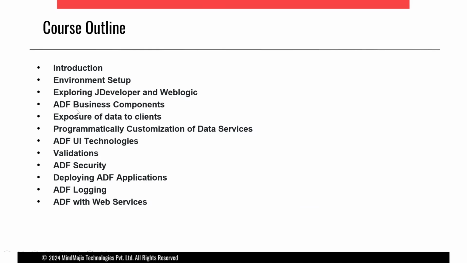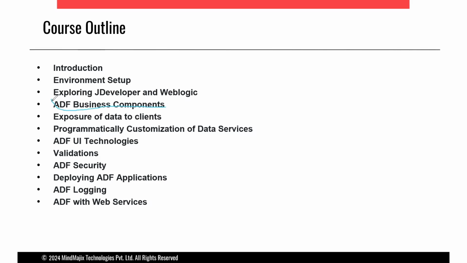Coming to the models, Oracle application models are built in different ways, like MVC: model, view, and controller. Coming to ADF, we are going to add one other extra model, that is the business component.